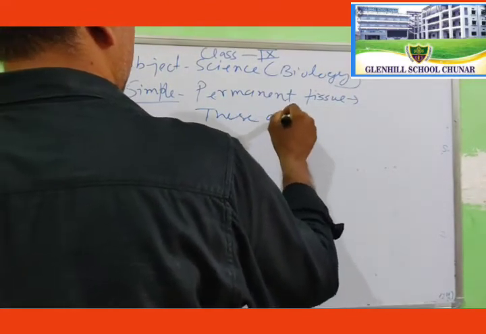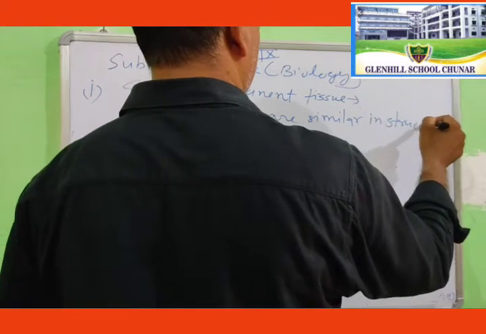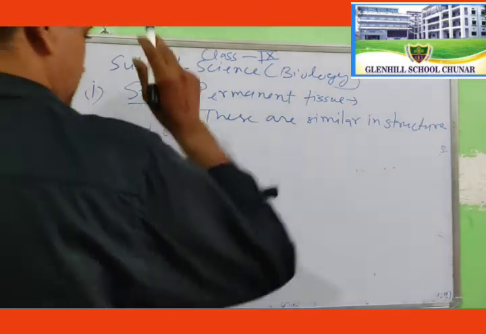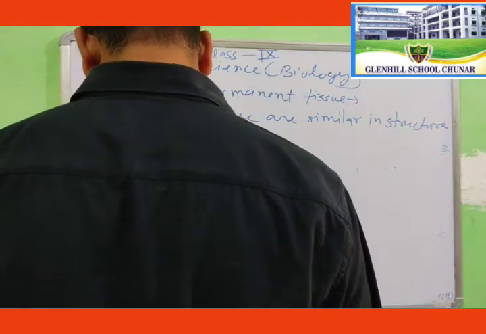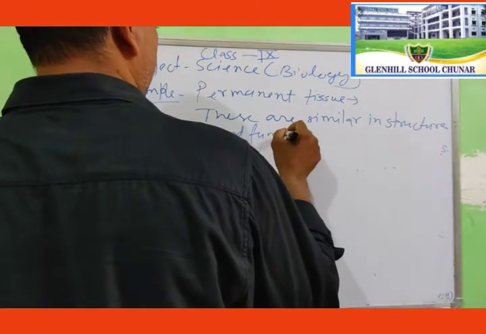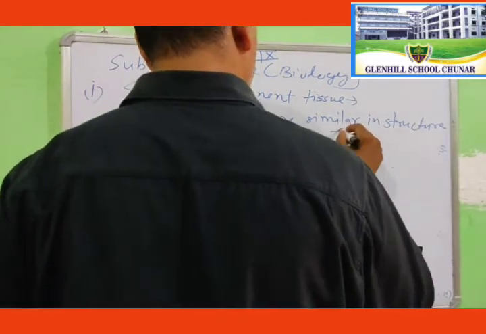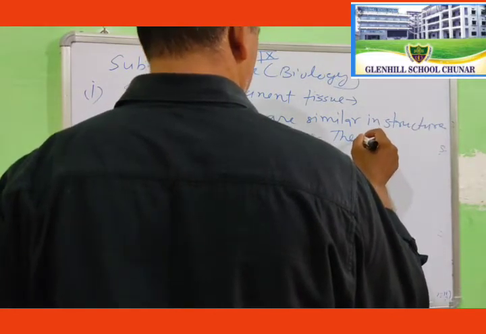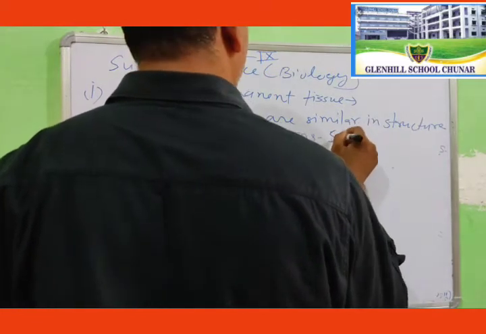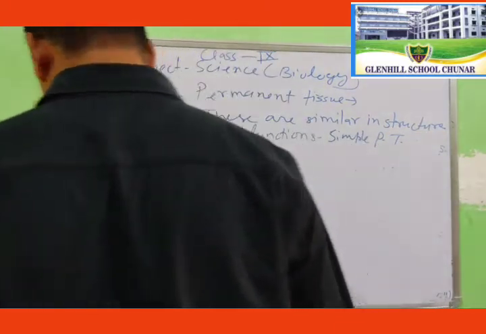These are similar in structure, origin and function. All are the same. So simple permanent tissue are of three types.